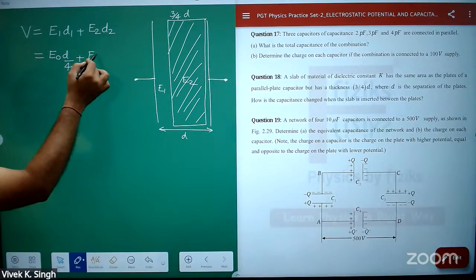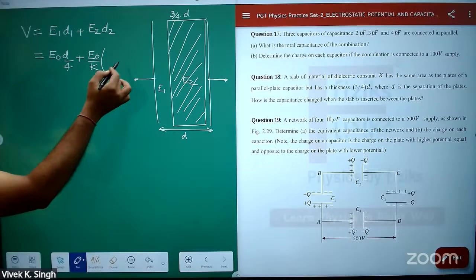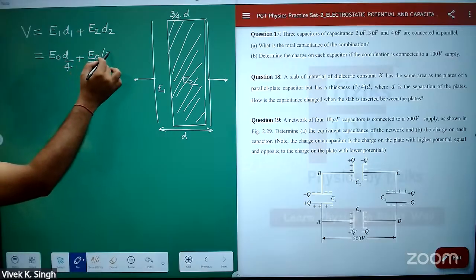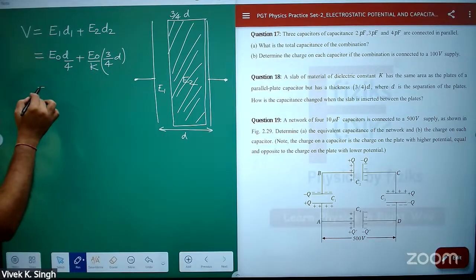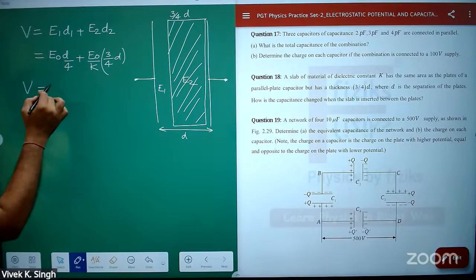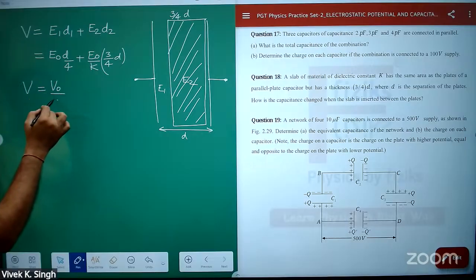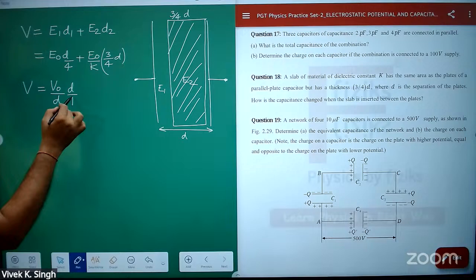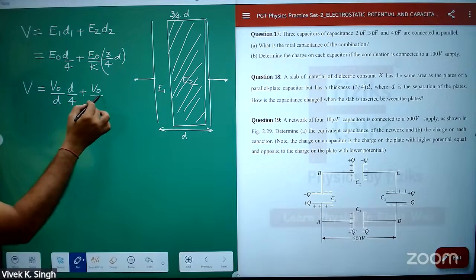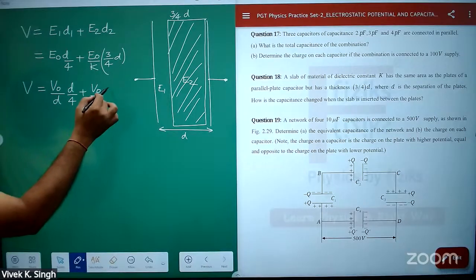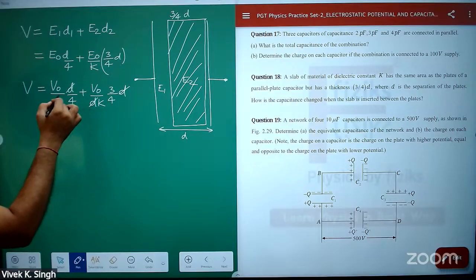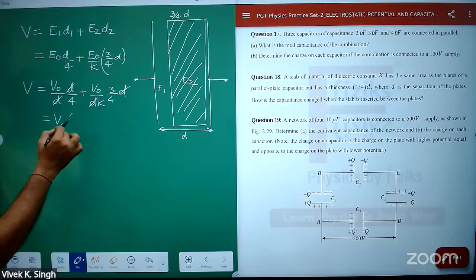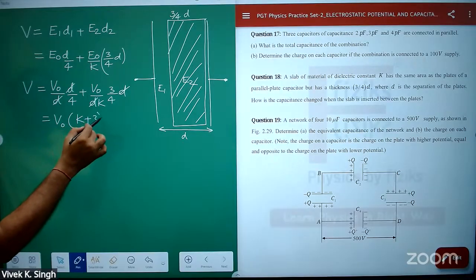E2 will be E naught by K, and D2 is 3 by 4 D. And E naught is V naught by D. So this is V naught by D into D by 4 plus V naught by DK into 3 by 4 D. So this D will cancel out and you can take V naught common. So this is V naught times k plus 3 by 4k.